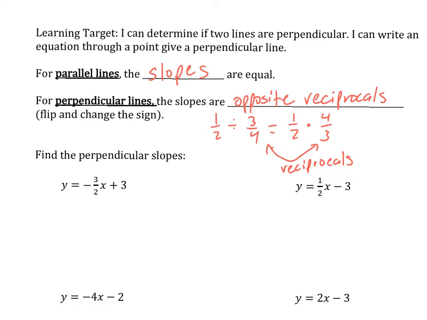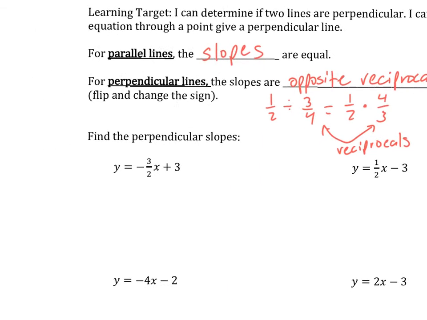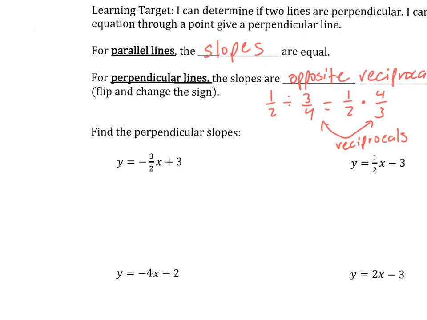Let's look at a couple examples so you can see what I'm talking about. We want to find the perpendicular slopes. Our slope here is -3/2.